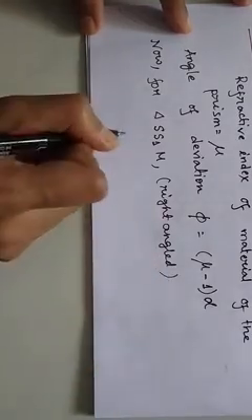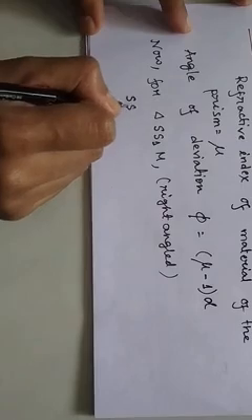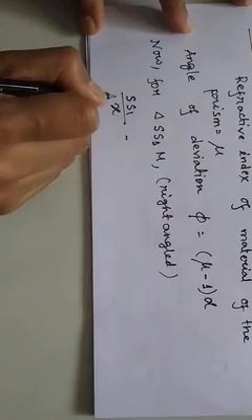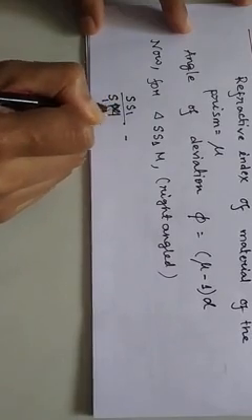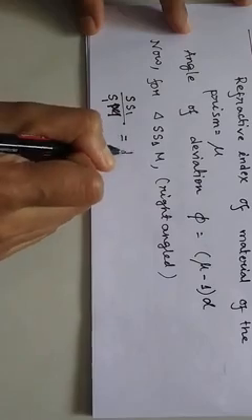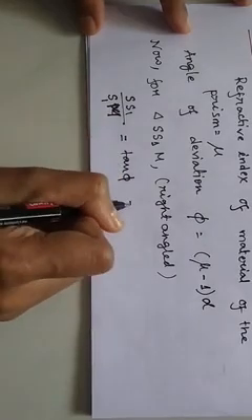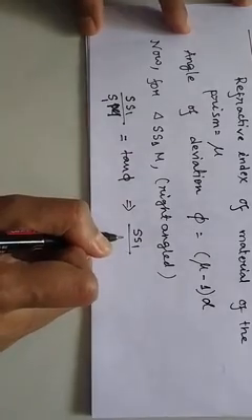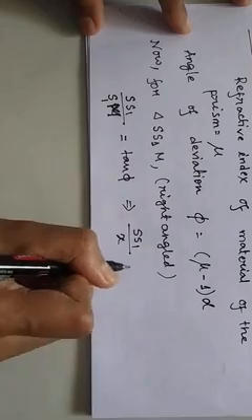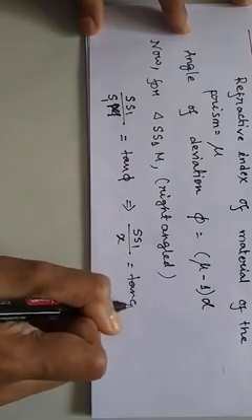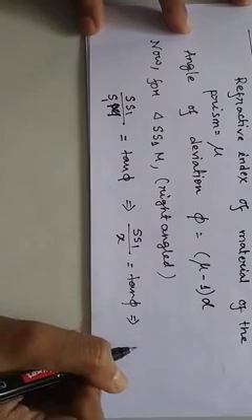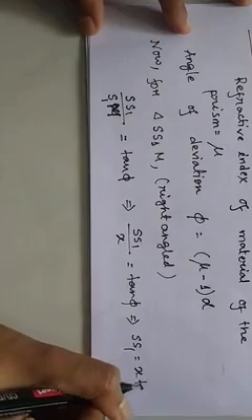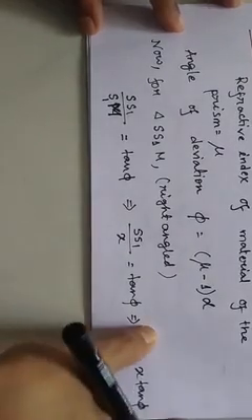So S1 divided by S1 M, which is x, equals tan phi, or S1 is equal to x into tan phi.